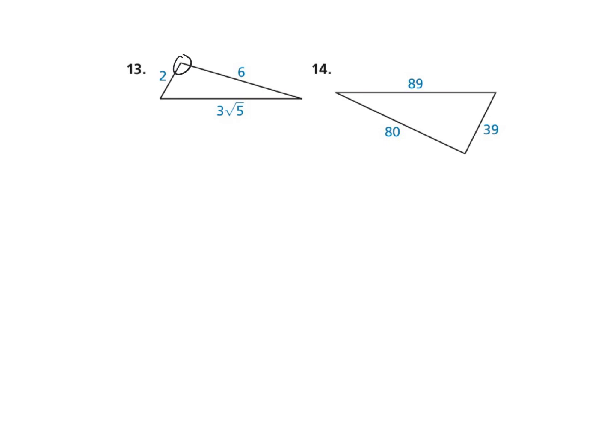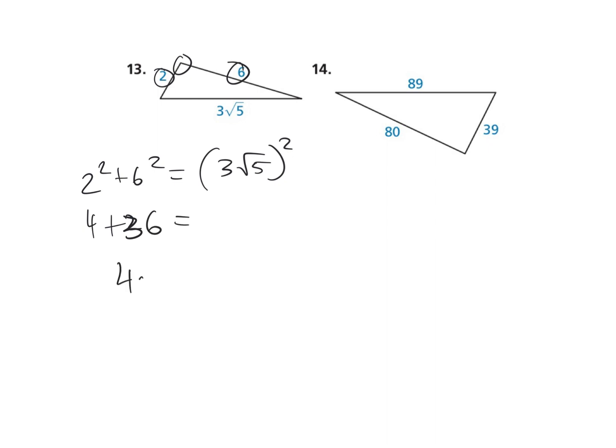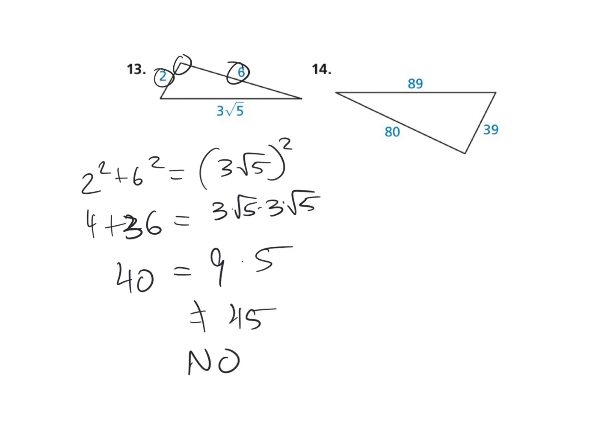This appears to be the 90-degree angle, so we'll use 2 and 6. 2 squared plus 6 squared equals 3 square root of 5 squared. So that's 4 plus 36. That's 40. Now we have 3 square root of 5 times 3 square root of 5. 3 times 3 is 9, and square root of 5 times square root of 5 is 5. That's 45. So no, that's not a right triangle.